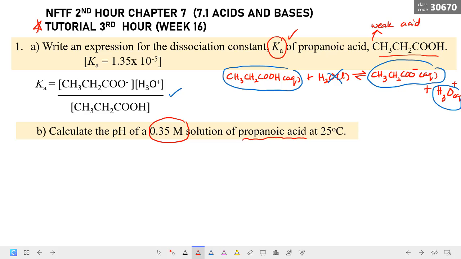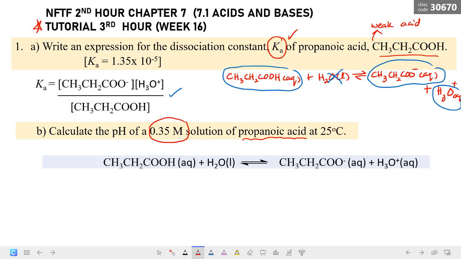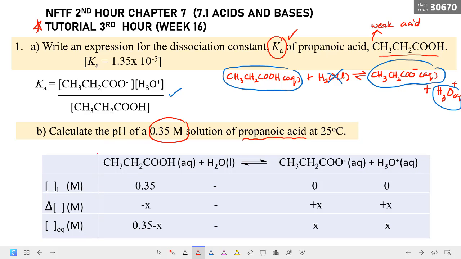Reaction table tu macam mana yang mesti kita buat dalam chapter 6. So start with the dissociation equation. Wajib buat dissociation equation of the weak acid, propanoic acid in water. Pastikan pelajar boleh menulis persamaan ini. So propanoic acid dissociates in water, producing propanoate ion and hydronium ion.